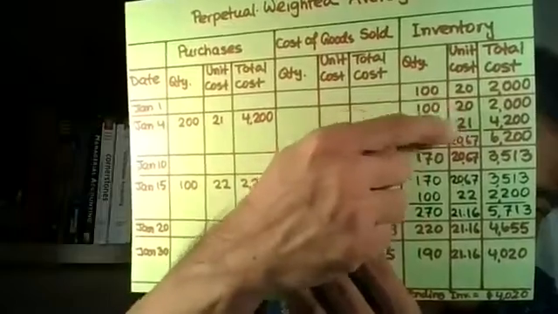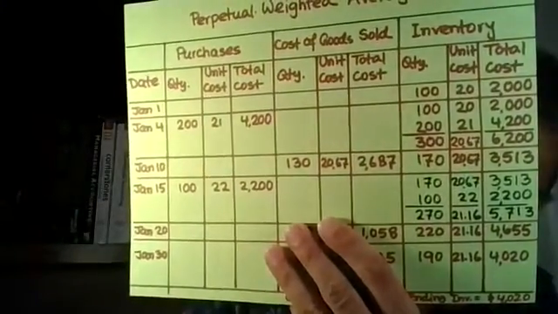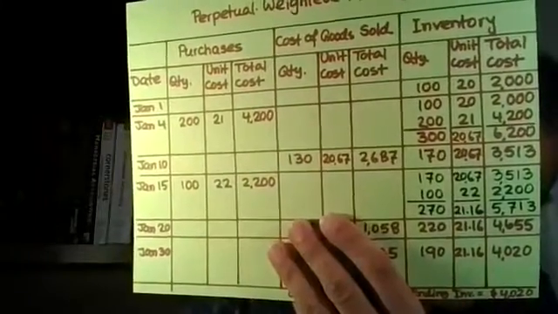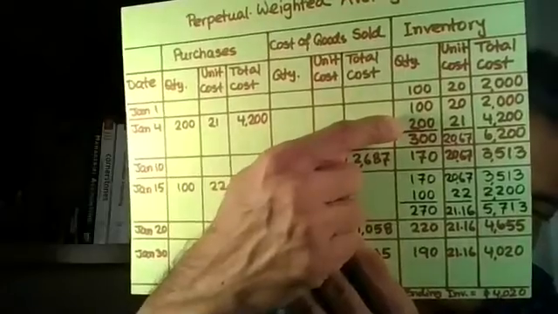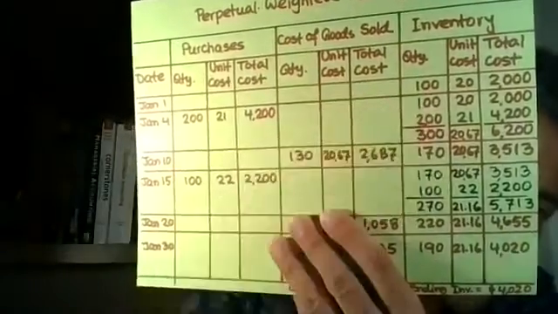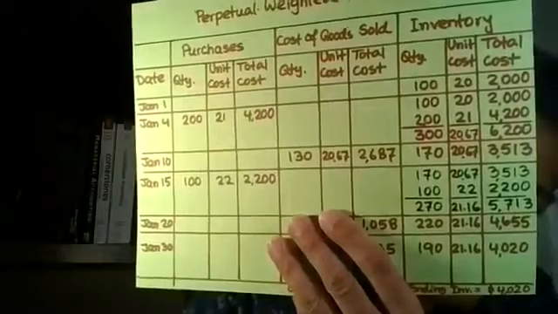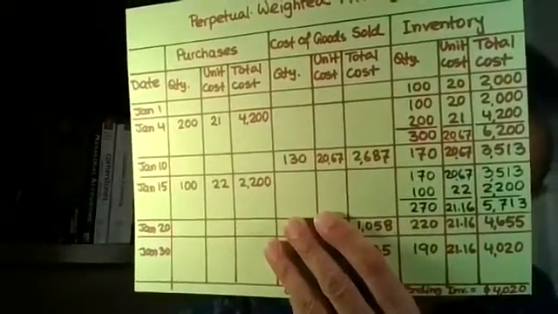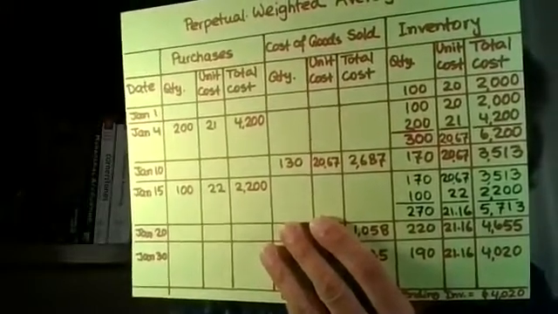See, the average is not an average of the 2 prices. Had it been an average of the 2 prices, it would be $20.50. But see, the $21 items are more in quantity. We have 2 types of items or 2 layers, like 2 bags of inventory or 2 stashes of inventory.